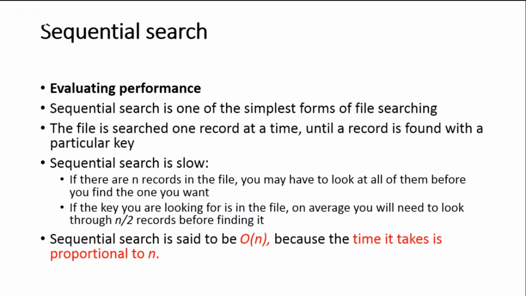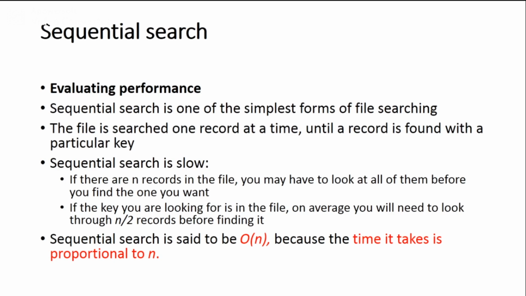How can we evaluate the performance of sequential search? Obviously it is the simplest form of file searching, because all other techniques we use are not as simple as sequential search. It is a very simple method.